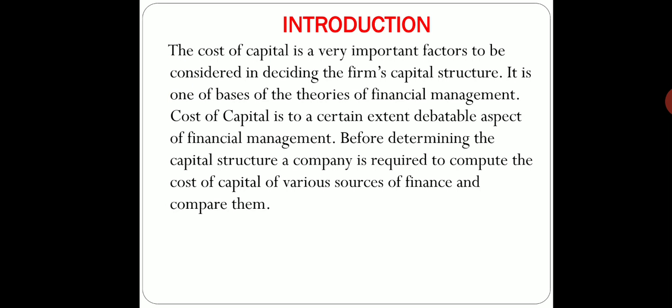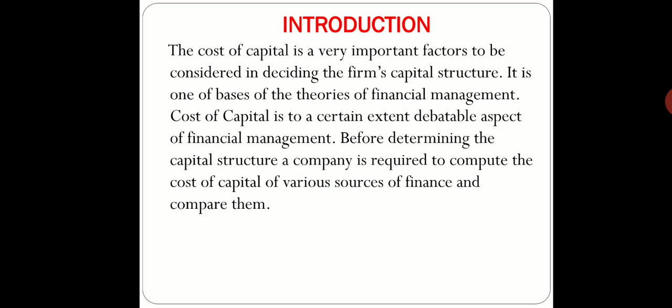First and foremost, cost of capital. As we know that company is going to raise their capital through different sources. Some sources are external and some are internal. In external source, company use the source to raise their capital is equity capital. Equity is there, preference is there, and debentures are there.